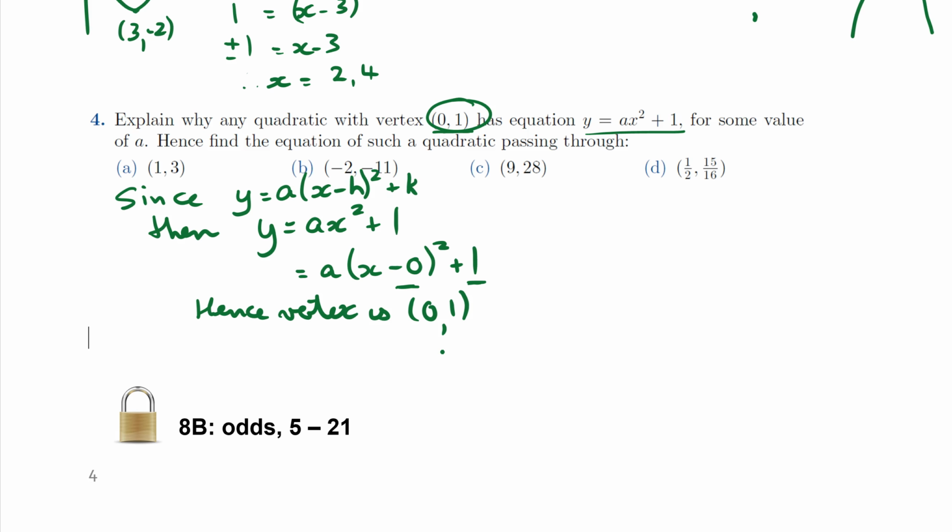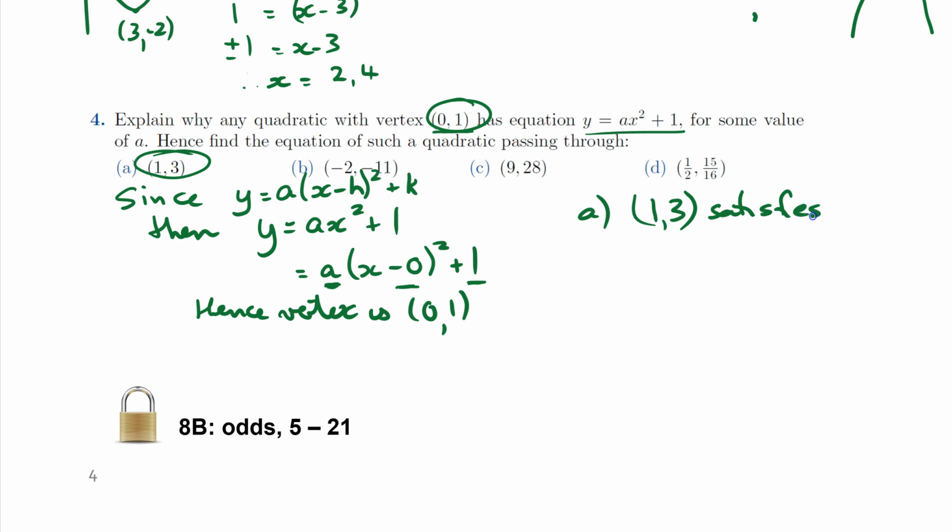Now I'll just do one of these, well, I'll do part A then. So what this says is that there's a family of parabolas all passing through 0, 1 as the vertex. And what the parabola looks like, or what its exact equation is, depends on the value of a. So if we know that the particular parabola we want passes through 1, 3, again, we use the fact that you already know that if it passes through 1, 3, then 1, 3 must satisfy our equation.